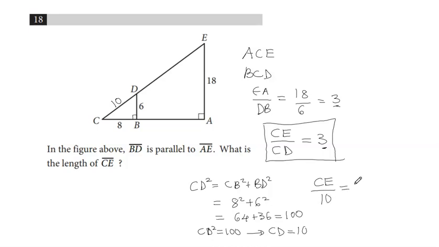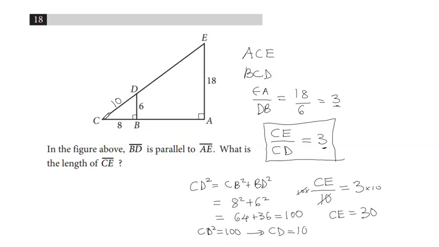And we are told that this should be equal to 3. So from this, we just multiply each side by 10. So this 10 cancels that 10, and our CE is going to be equal to what? 30. So 30 is our answer.